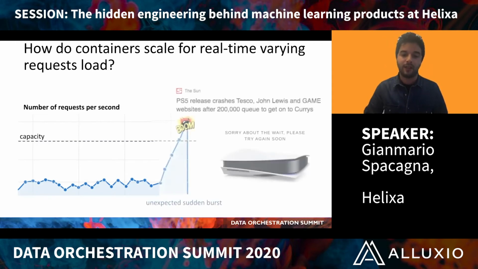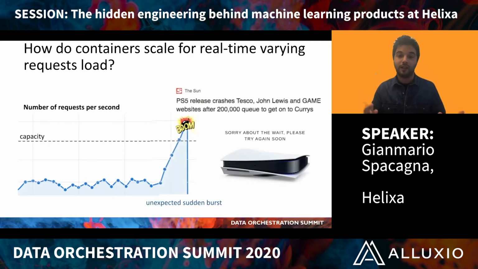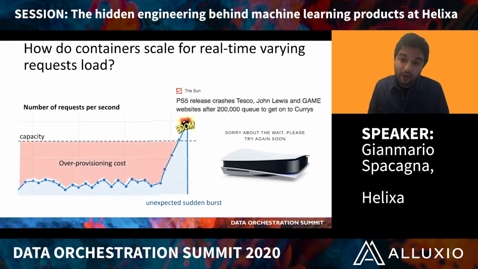But then there is a sudden burst, and your system is not able to scale quickly enough to meet the demand. This is, for example, what happened a few days ago when the PlayStation 5 was released in the UK, and most of the websites for those online stores crashed because they couldn't handle the number of requests. There's also another problem: even if you don't hit this threshold, you're still paying for all of the over-provisioning, even though you're not using it.